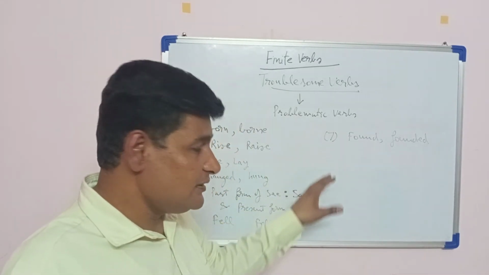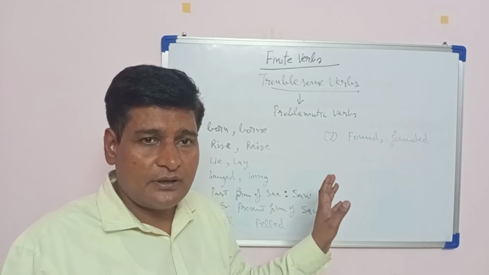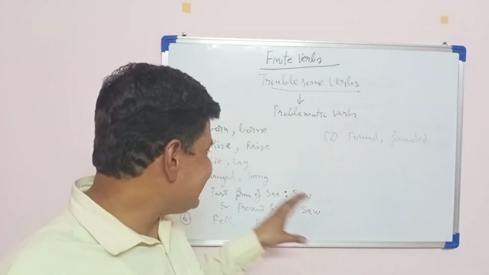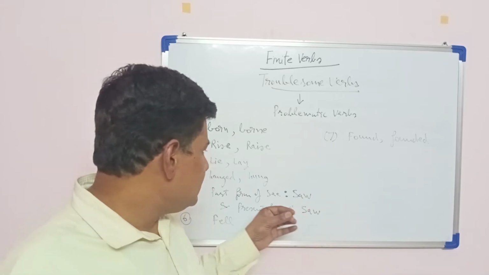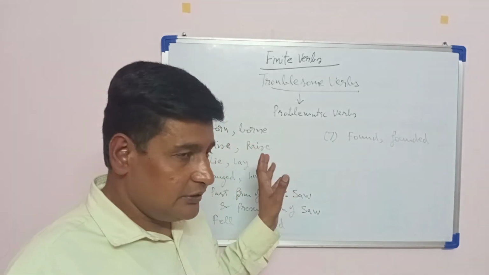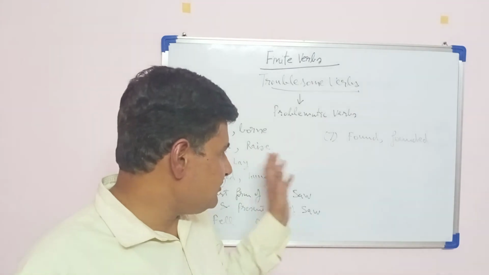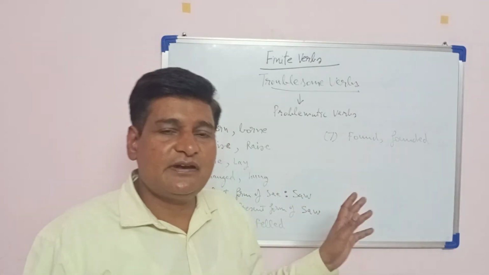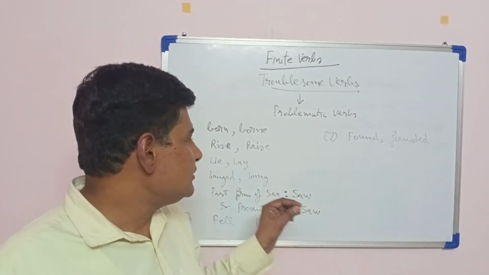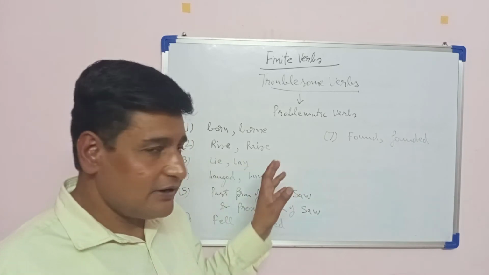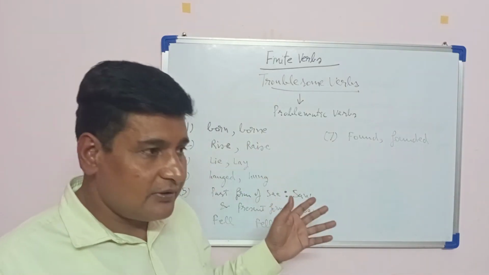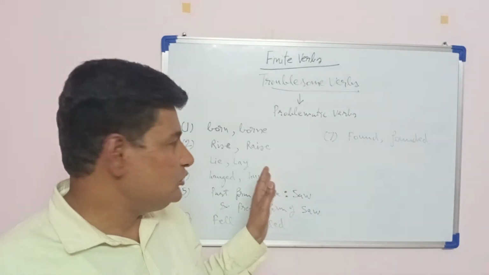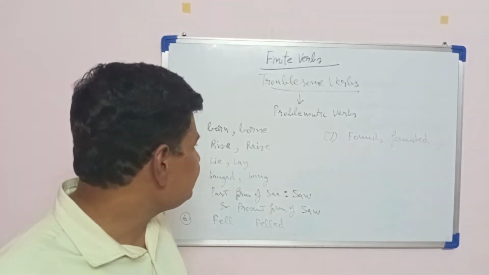These are the important problematic verbs. It doesn't mean that these are the only ones. There are many, but at least these we must know if we want to use them properly, because these are very popular verbs. So we should at least understand these for our comfort in using them in a proper sentence.